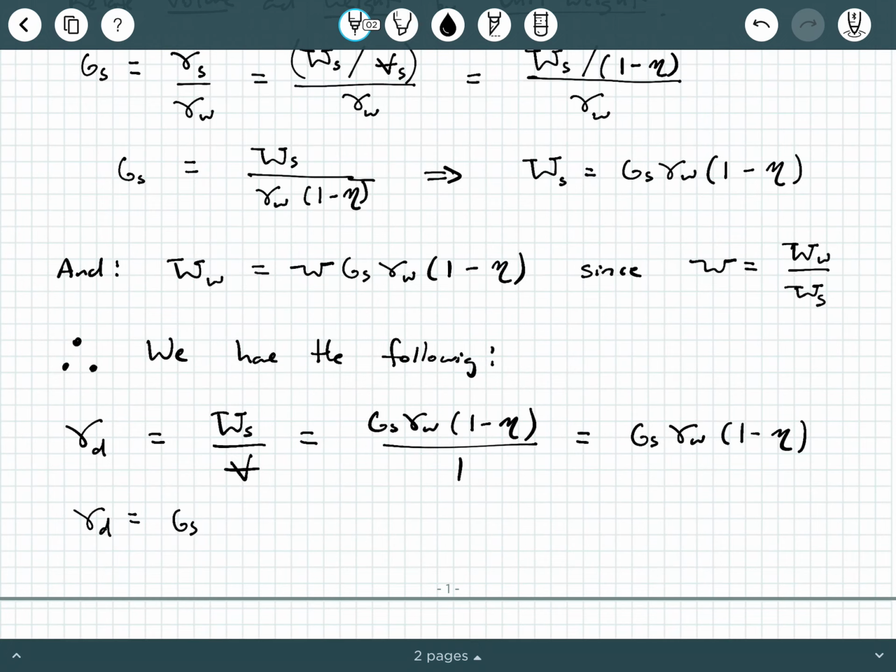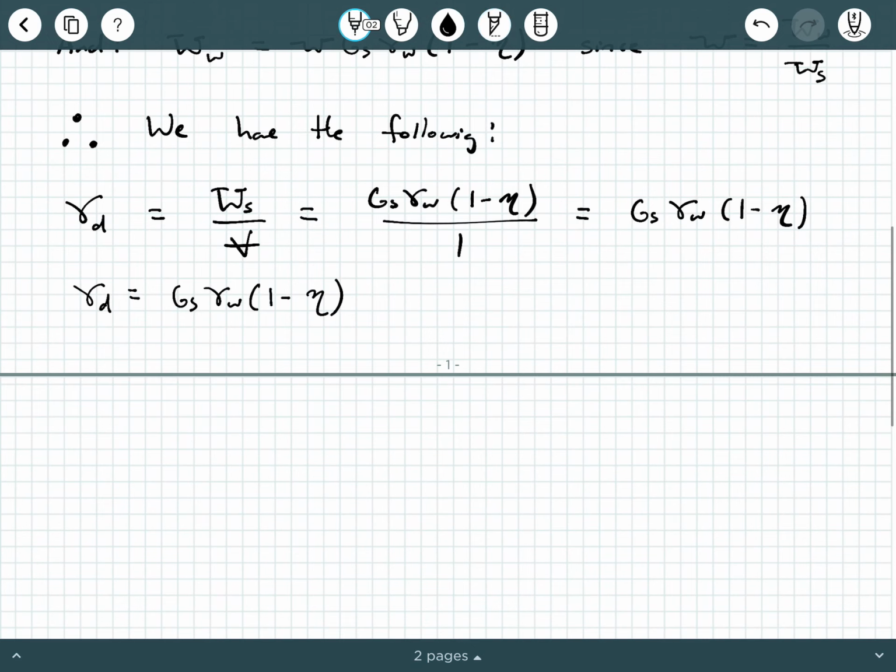Okay, so I can kind of write this all compact here. Maybe box this in. That's a handy little formula for dry unit weight. I can do a similar thing for total unit weight, right? Total unit weight is equal to total weight over total volume. And of course, total weight is weight of solids plus weight of water, over total volume.